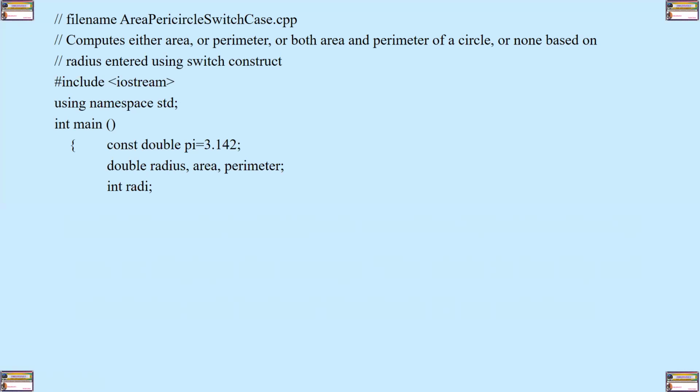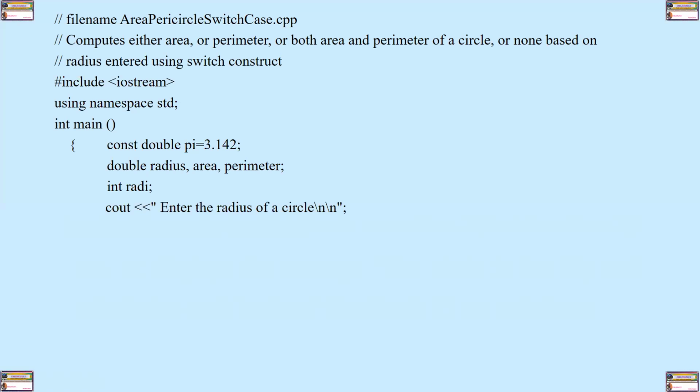But case does not work with doubles. It does not work with values or variables with fractional parts. It only works with whole numbers. So we have to round it. That's why I have introduced the variable called radii.